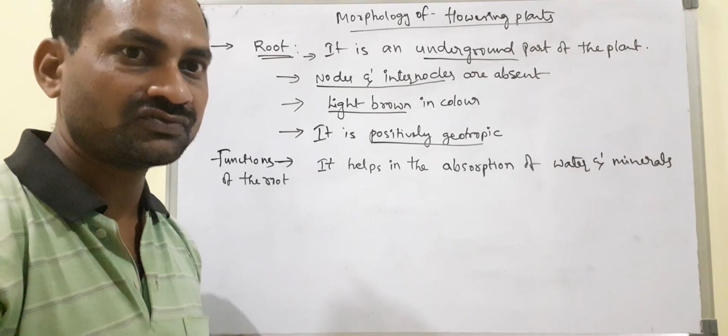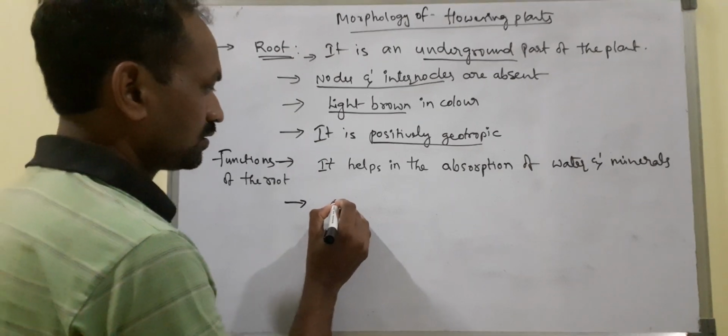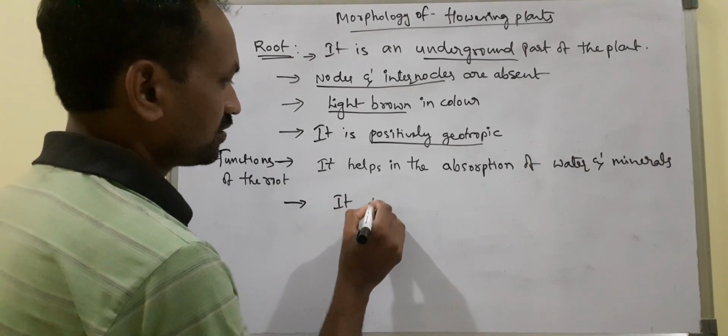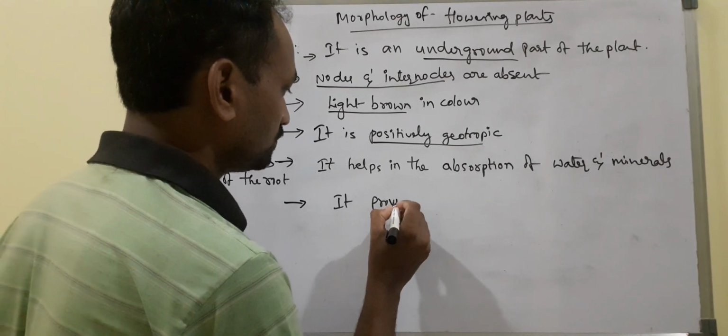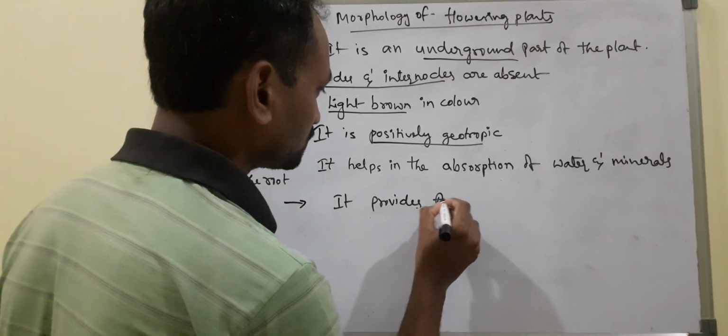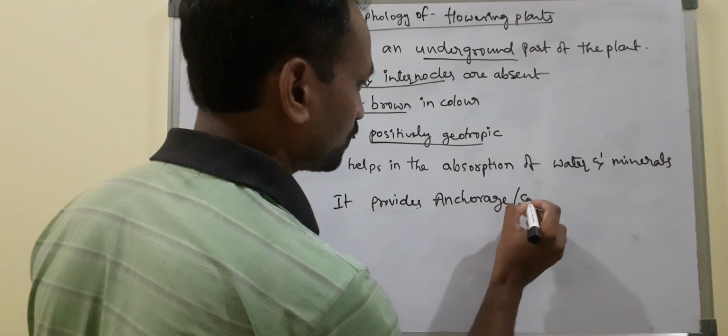The second function of the root is it provides anchorage or support to the plant.